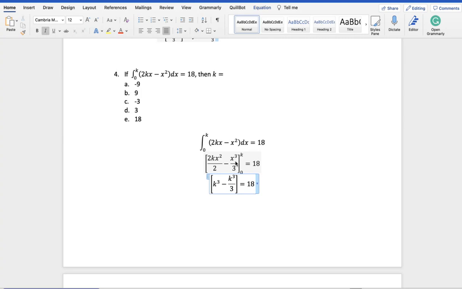And all of this is minus k times 0, which is 0, minus 0 cubed over 3, which is 0.